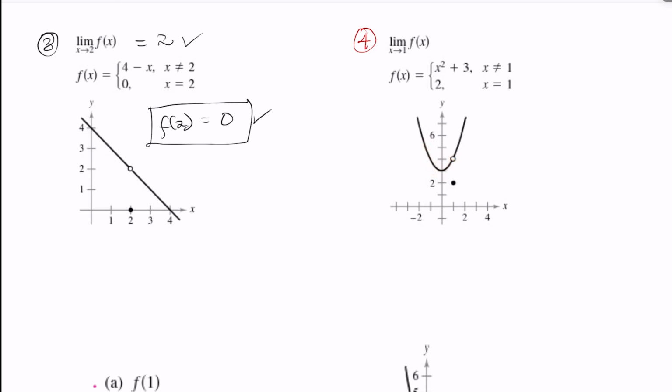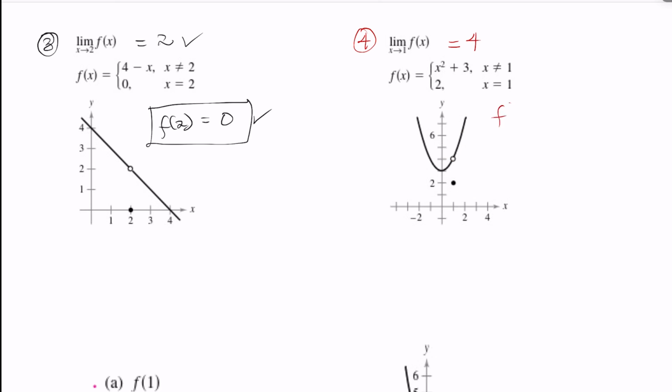And clearly, if from here to here, this is 2, this is 6, so clearly we know this value here is 4. So as we approach 1 from the left, the value we get is 4. And as we approach 1 from the right of our graph, again, we are getting the same value, which is 4. So this tells us that the limit of f of x as x equals 1 is 4.